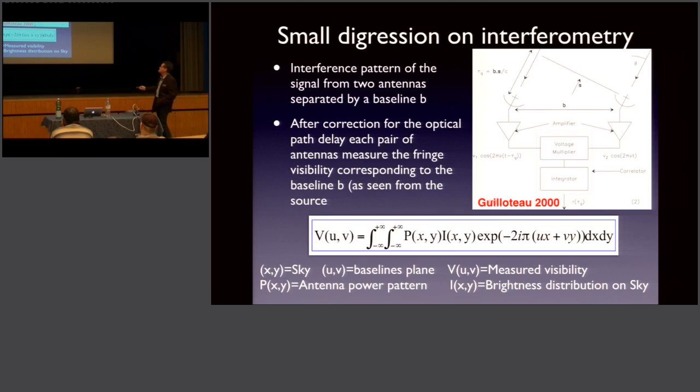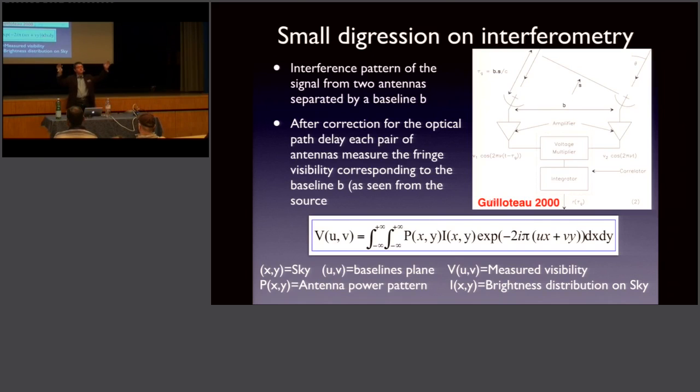So essentially, an interferometer is measuring the Fourier transform of the intensity of the sky convolved with the response of the antenna. If you have a point source in the sky, the fringes all have amplitude 1, because a point source gives 1 amplitude in the fringes, and so you have constant visibility. All baselines are measuring a constant visibility.